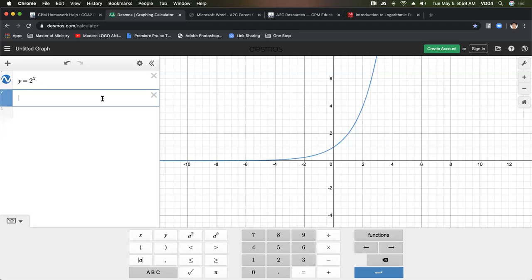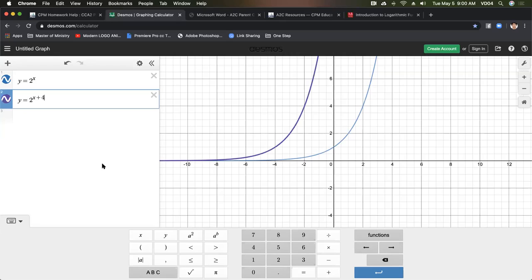Okay. Let's take another example. Let's say y is equal to base 2 raised to x plus 4.